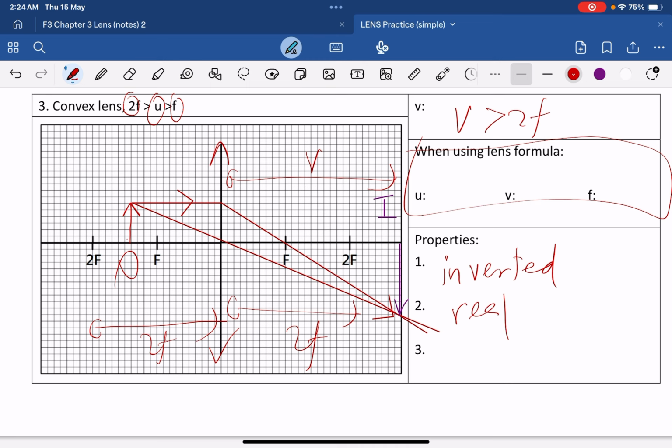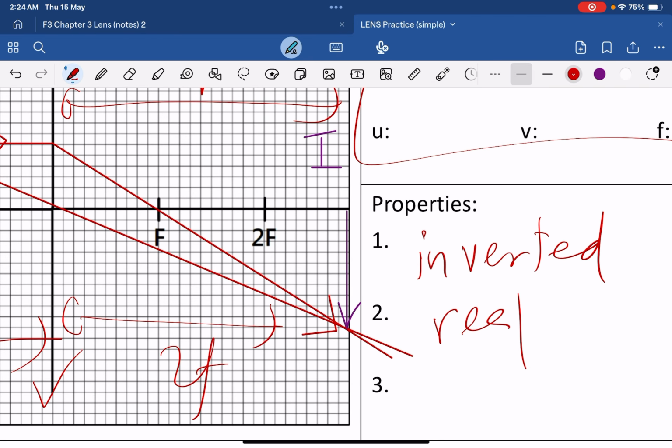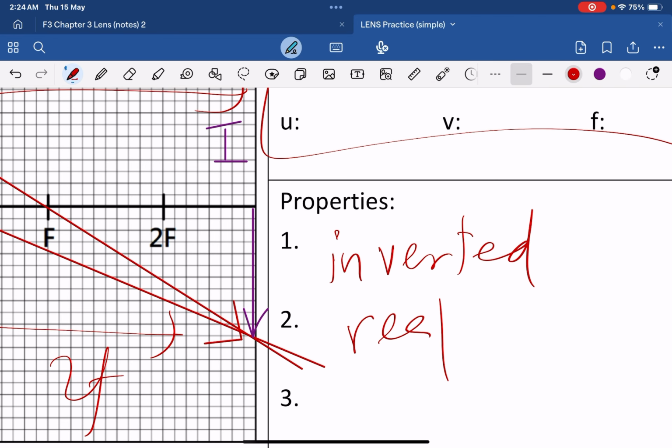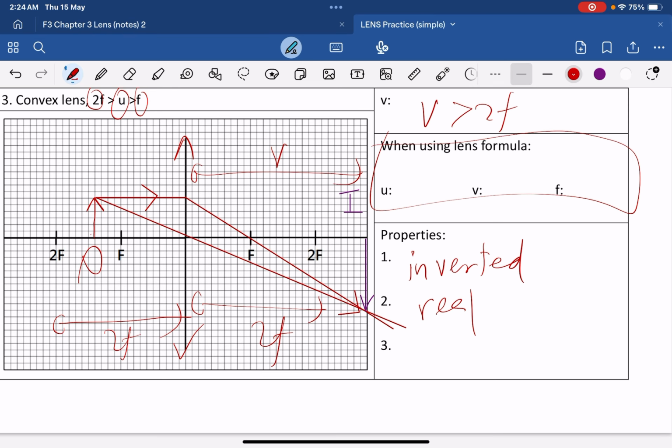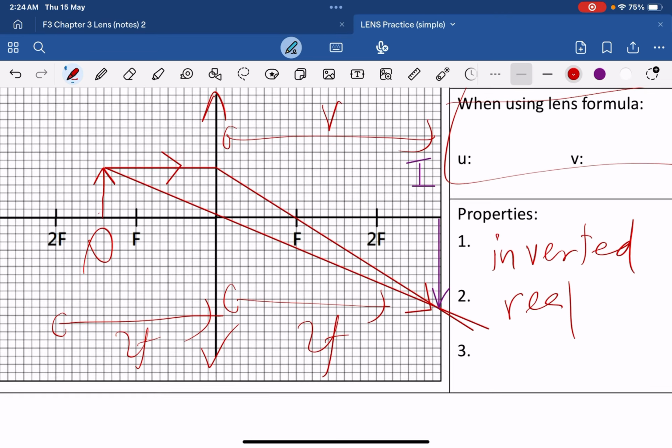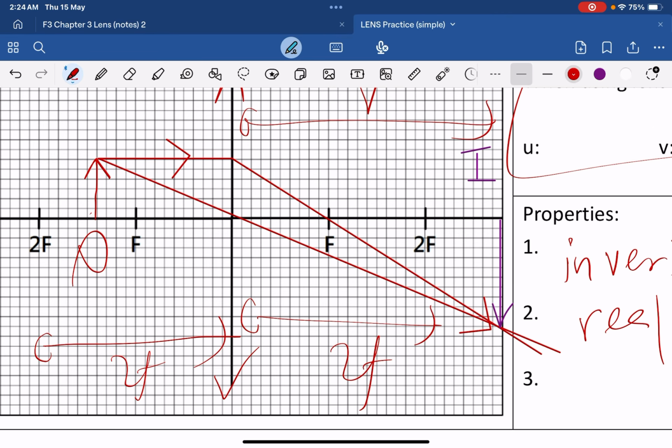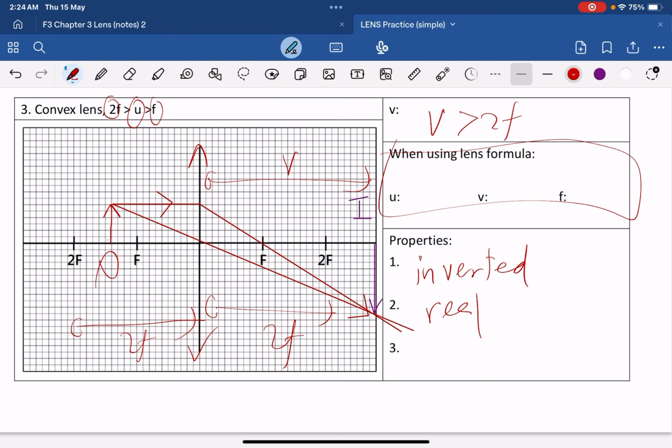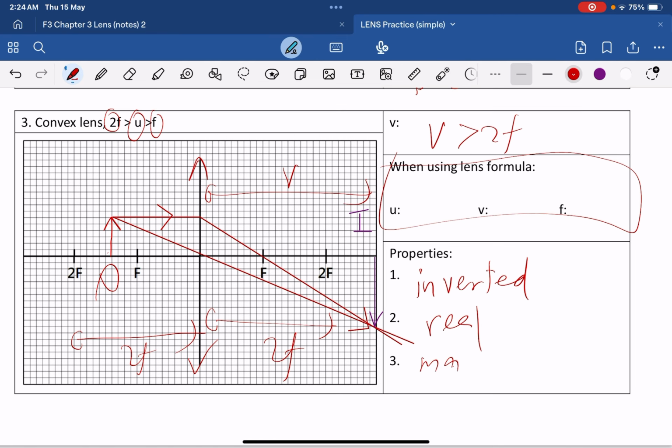If I put a screen at the point of the image, it can be projected on the screen. Okay, and the last one, you see, the size of the image is greater than that of the object. So we say this is magnified.